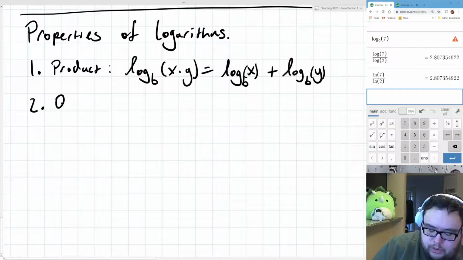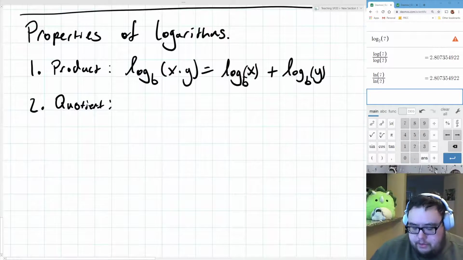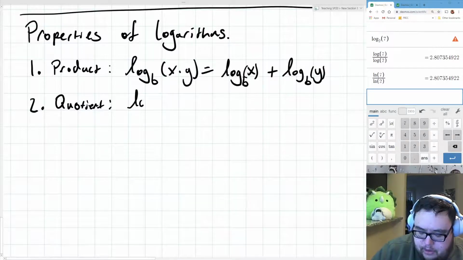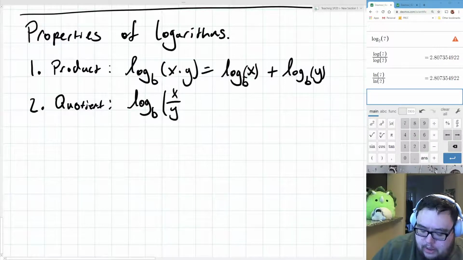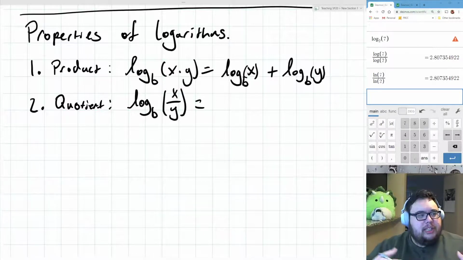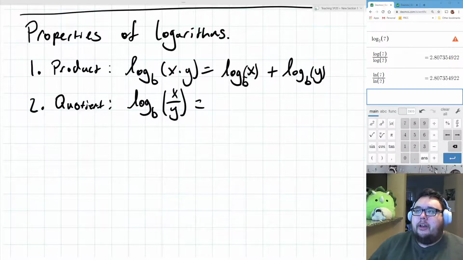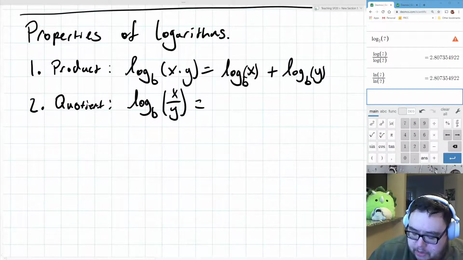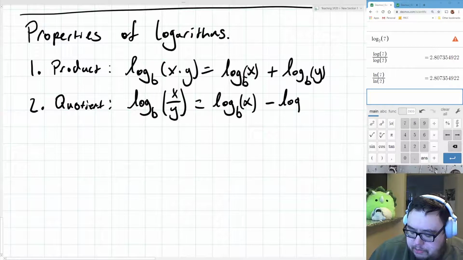We also get a quotient property of logarithms, which predictably, if you have log base b of x divided by y, in the same way that with exponents, multiplication was related to addition and division was related to subtraction, we're going to get the same thing here. So x divided by y will give us log base b of x minus log base b of y.